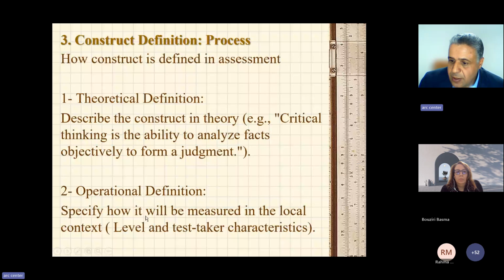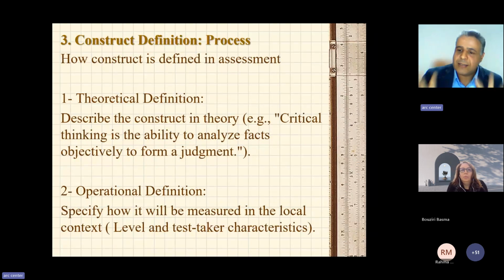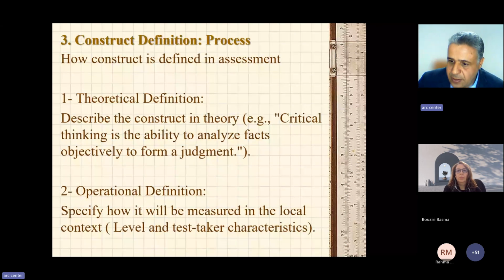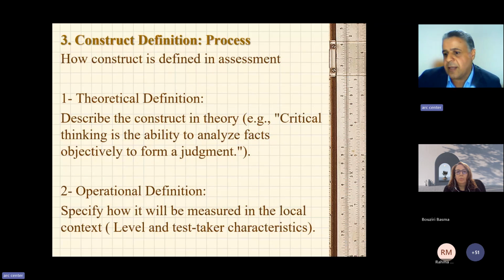If we take the example of reading, reading includes, as we said, higher order skills and lower order skills. If I want to design a test of reading for first year students, my test will focus on lower order skills, which means finding meaning that is explicitly stated in the text.